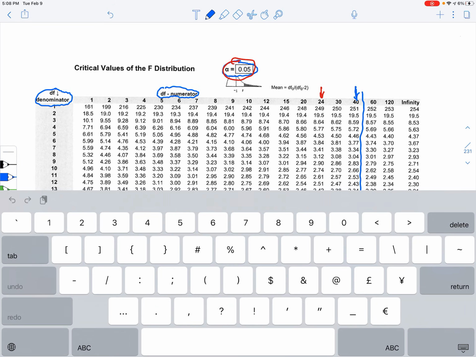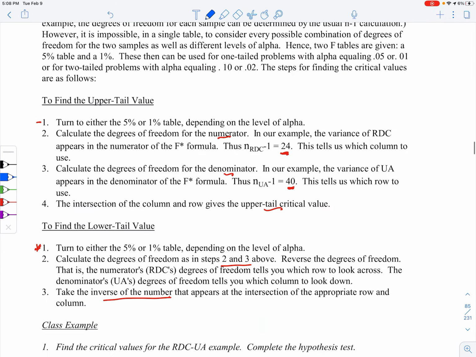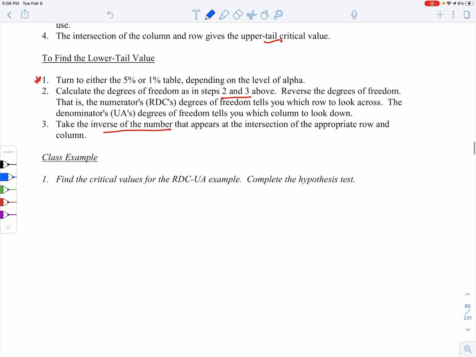Okay, let's go and summarize all that. Okay. So find the critical values for the RDC U of A example. And I'm just going to reproduce what we've got there. So we had an F of 24 and 40, right? We've got 1 in the middle here.